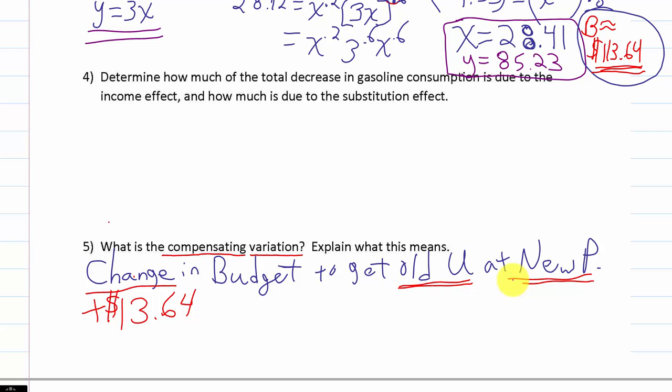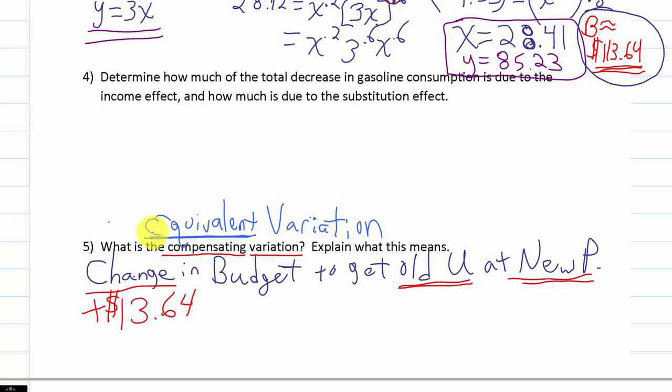Equivalent variation, on the other hand, is another way of answering the question, well, how much money is this price change affecting us by? If we wanted to equate it in terms of a change in income or a change in budget. So compensating variation, instead of asking how much money would it take to compensate us to get us back to the old utility level, equivalent variation asks, in this case, this price went up.